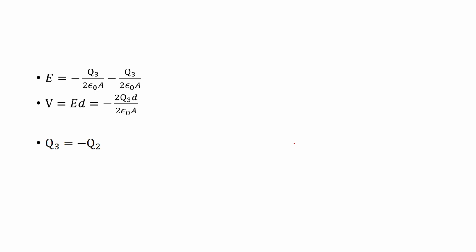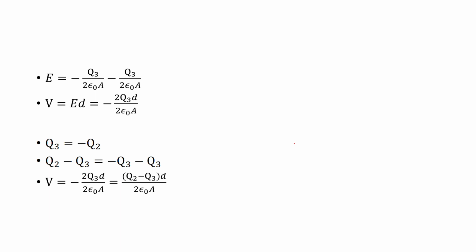Now we have a relation Q3 equals minus times Q2, that is from the Gaussian surface which we have obtained just now. So we can write Q2 minus Q3 equals minus Q3 minus Q3. I have substituted just the value of Q2 as minus Q3.